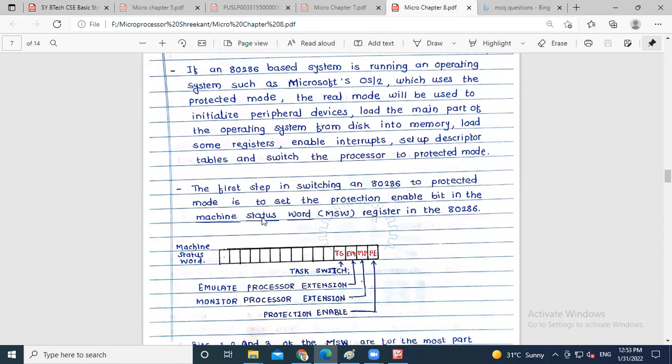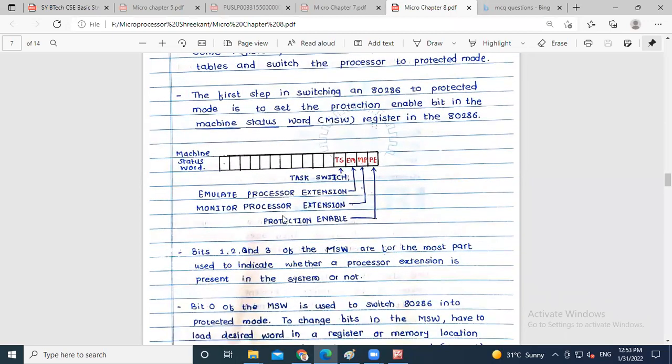The switching of the 80286 to protected mode is done by setting the protection enable bit in the machine status word, that is the MSW register. In the MSW we have task switch, emulate processor extension, monitor processor extension, and protection enable. This is for protection enable, this is for monitor processor extension, this is for emulate processor extension, and this is for task switch.